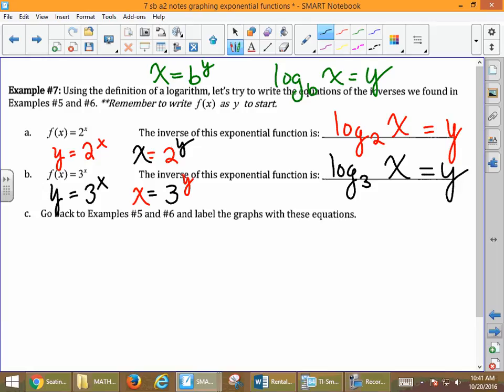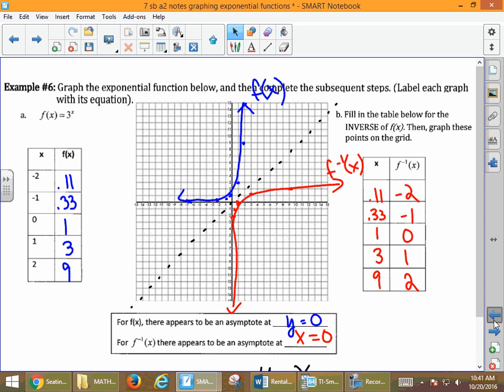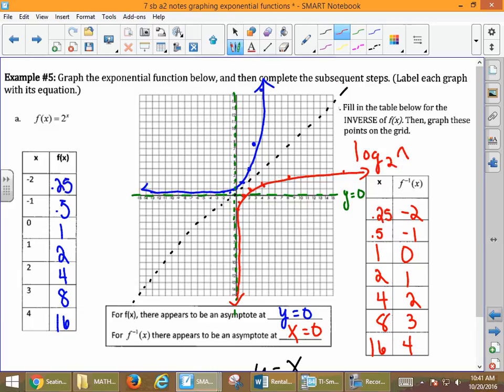So to finish here, if we go back to our examples 5 and 6, we can go back and label. What we did on 5, there's a little bit of space on your paper, probably more beside your table, is we graphed log base 2 of x equals y.